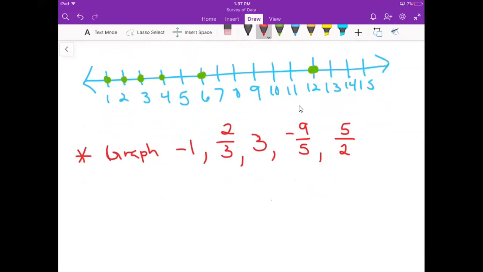Okay, if you have a calculator, it can be useful to think about your fractions as decimal numbers at first, just to get an idea of how far spread out you're going to need your number line to be.